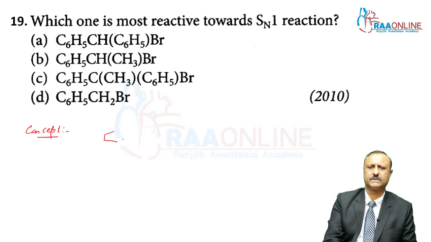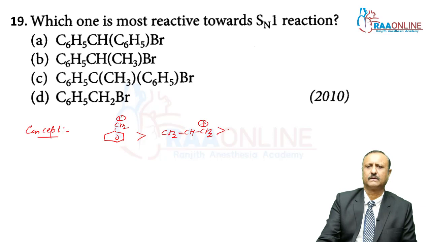First is, my dear friends, CH2 plus, the benzyl carbocation, and second is CH2 double bond CH, CH2 plus, the allyl carbocation, then tertiary carbocation, then secondary carbocation, and then primary carbocation. In this way, you can see this is the reactivity.